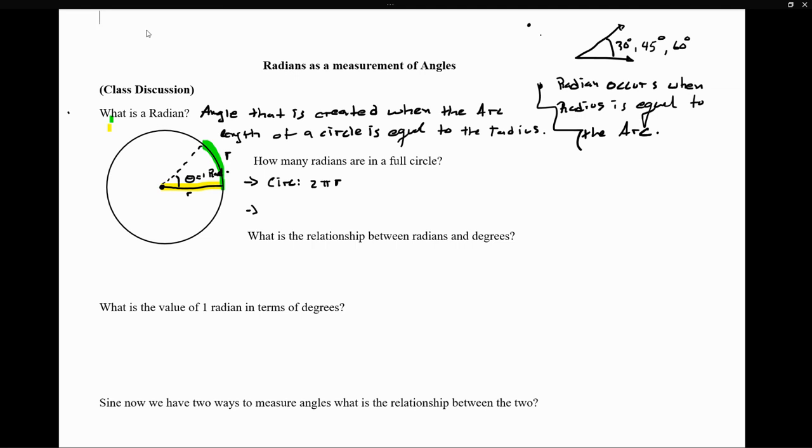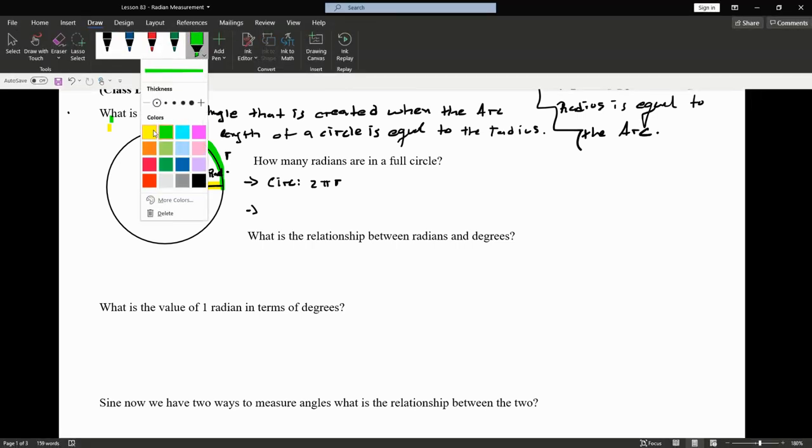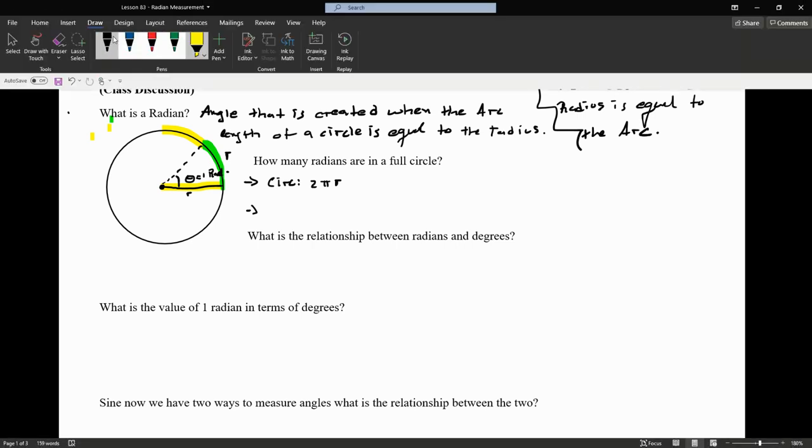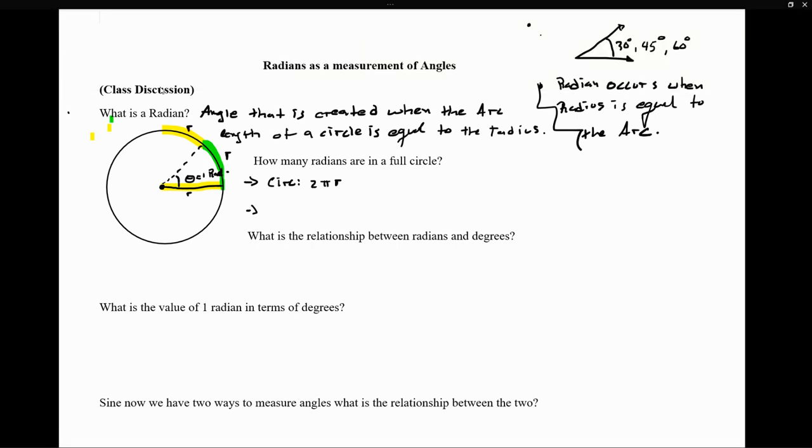So here we have 1 r, and notice that if I were to measure another arc length, let's assume that they are still equivalent to the same value, which is r. So if I travel another r, I have also created another radius.